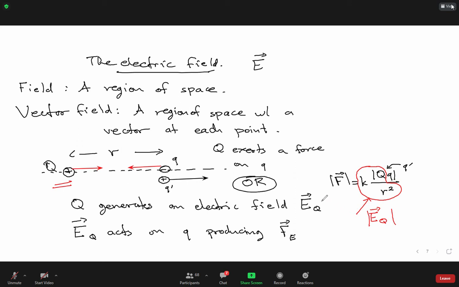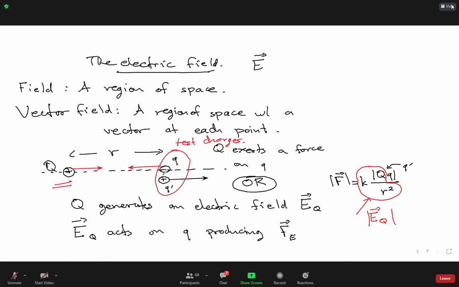Another way to see it is you can think of these as test charges. Typically, we want the test charge to be positive, but that doesn't really mean very much. Test charges. What do I mean by test charges? Well, suppose there's nothing here. There's only this big Q. And maybe this big Q is very far, I can't see it.